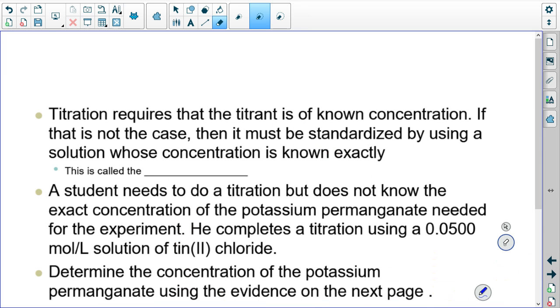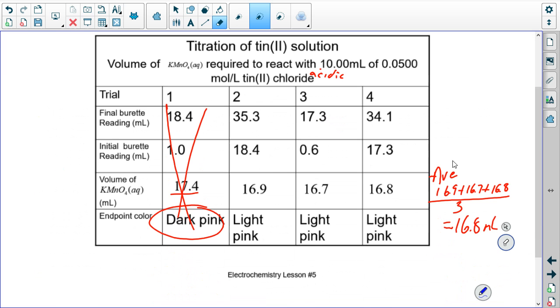Looking back here, we can get it from the top here.